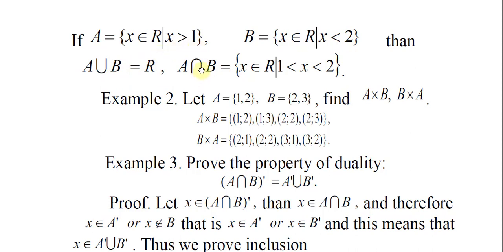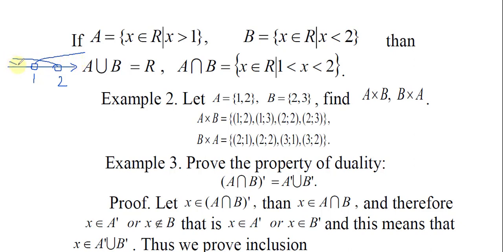We need to take the set which is greater than 1. Let's draw the real line. So for example, here we have 1, greater than 1. And in the next case, we have less than 2. So where is the union of these two?